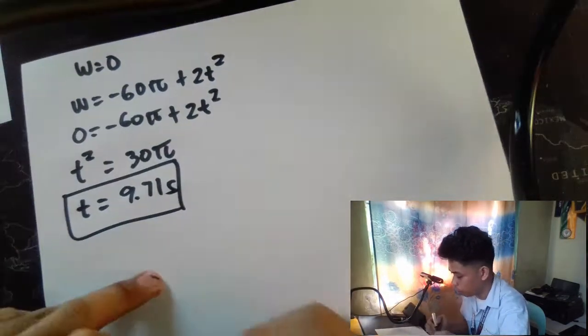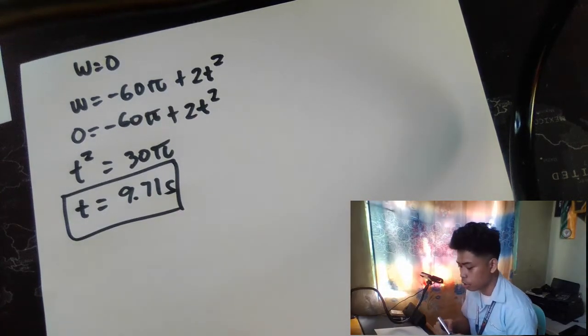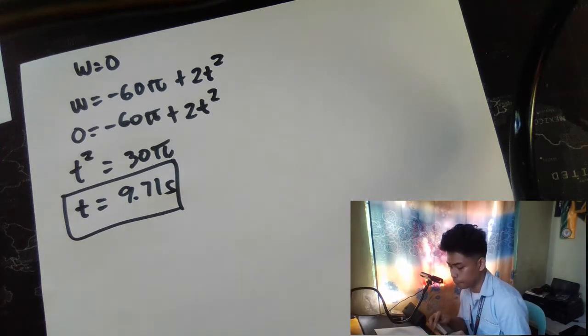This is the answer for letter B. It will take 9.71 seconds to reverse the direction of rotation from 1800 RPM clockwise.